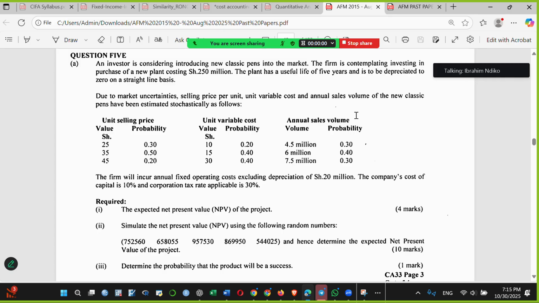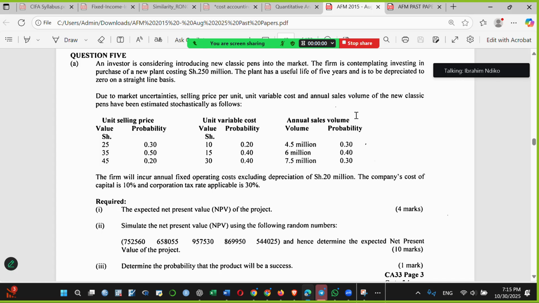An investor is considering introducing a new classic pens to the market. The firm is contemplating investing in the purchase of a new plant costing 250 million. The plant has a useful life of 5 years, to be depreciated using the straight line basis.